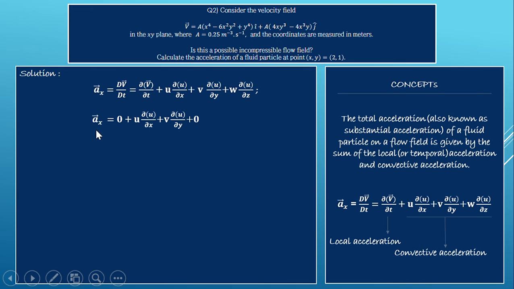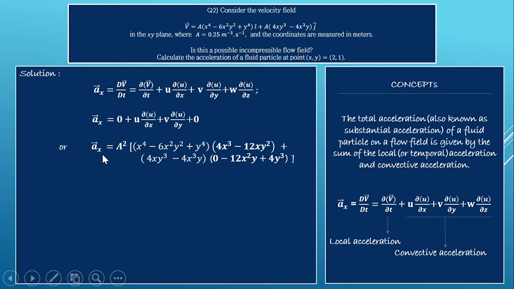So we have a x vector is equal to u times del u upon del x plus v times del u upon del y. Or a x can be written as, after differentiating u with respect to x and y and multiplying it with u and v respectively, and then adding it, we get a x vector is equal to a squared times the given expression.